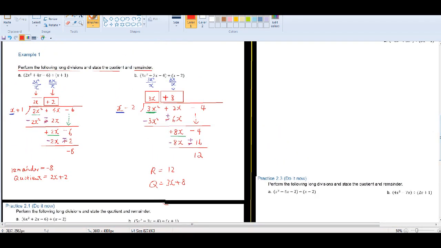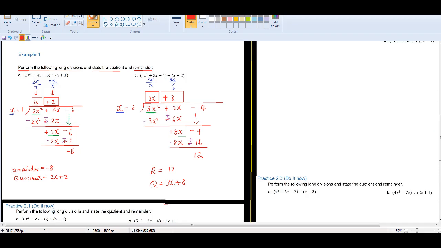So compare the two questions. I'll give you 1 minute to look from left to right, line by line, to see how we construct each step. The first step is always to get the leading term in the dividend and the leading term in the divisor, which I underline in green and blue.